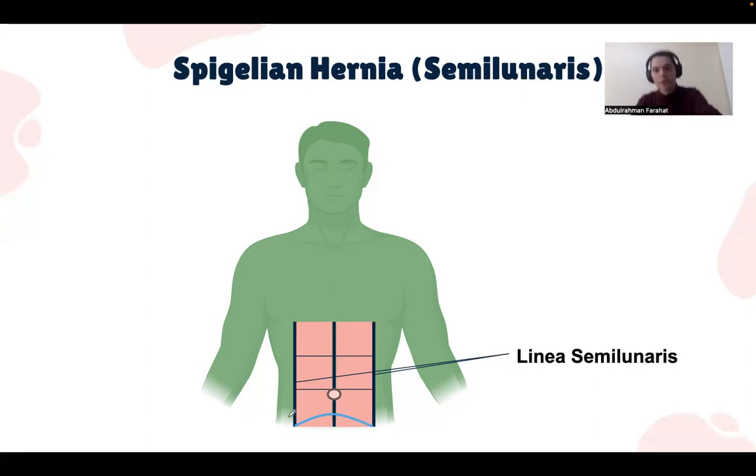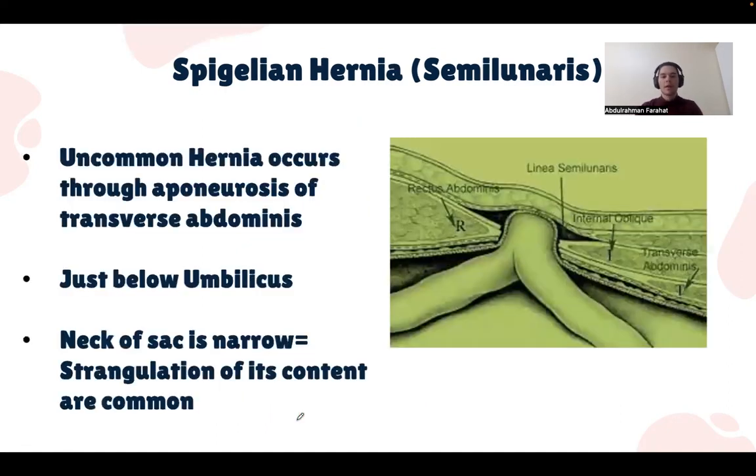And how is the linea semilunaris formed? We said it's due to the aponeurosis of the transverse abdominis muscle. They form this linea semilunaris, these areas right here. So a hernia in these areas would be characterized as a Spigelian hernia.